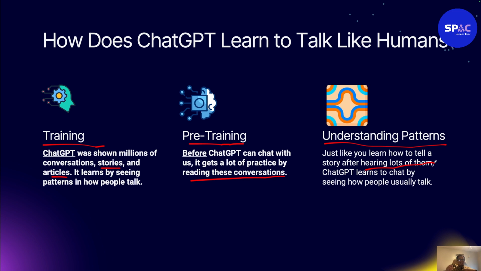If you hear a lot of stories, now based on that you can tell new stories. Okay, so that is also how ChatGPT learns to chat, by seeing how people usually talk, right? Reading text, reading dialogues, reading articles and all of that. That's how ChatGPT works. So it's not magic, right?